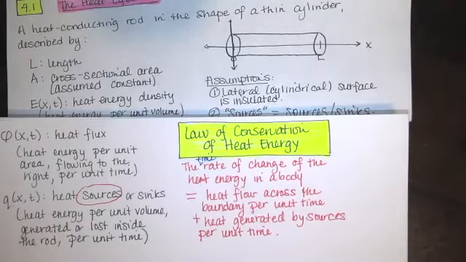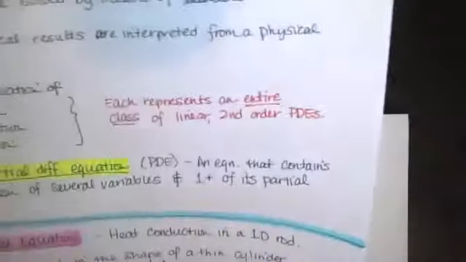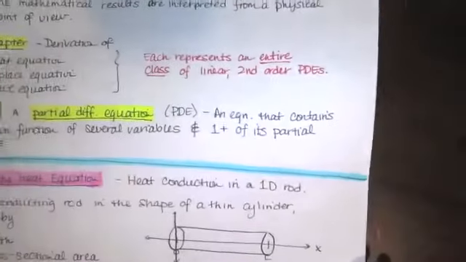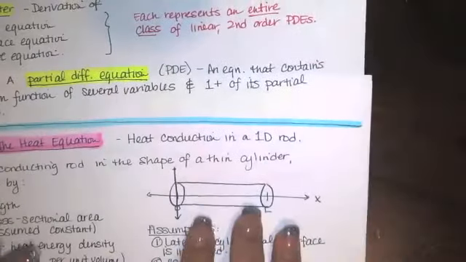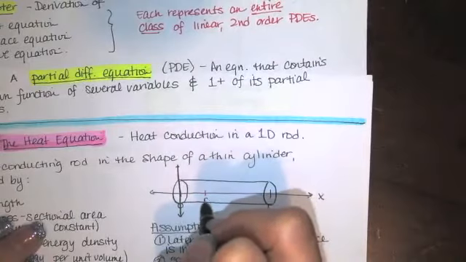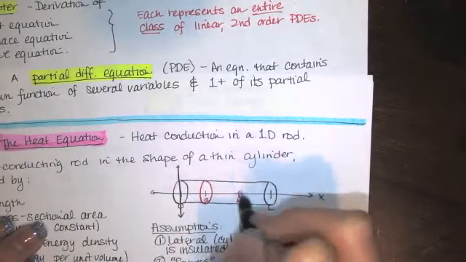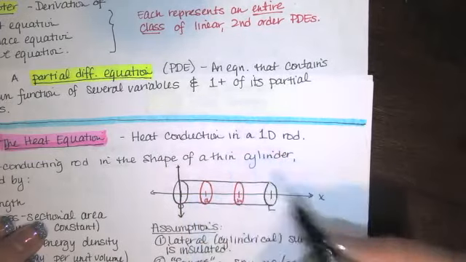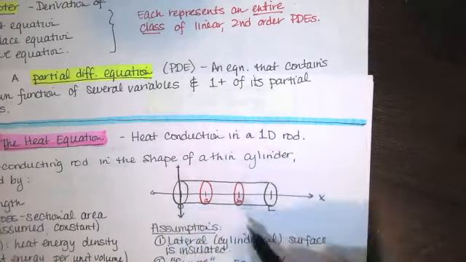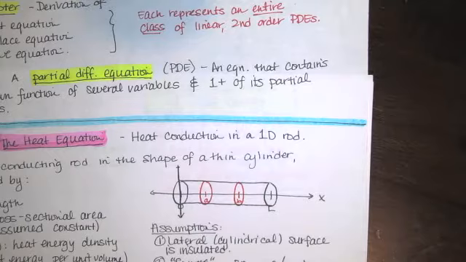Okay, so let's talk about an arbitrary length of this rod between x equals a and x equals b. So at x equals a, we might be over here, and at x equals b, we might be over here. And we're talking about this piece in between x equals a and x equals b.